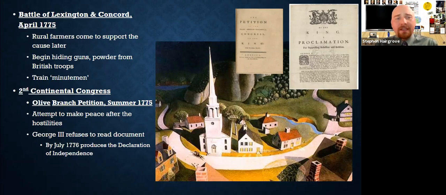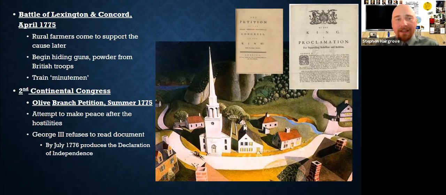Right after this is when the Second Continental Congress meets. Again, they are still not necessarily organizing themselves with an intent of independence. They start off trying the same approach: let's send them a letter. It worked with the Stamp Act. Maybe it'll work again. No, it doesn't.